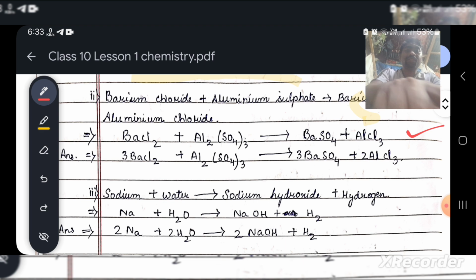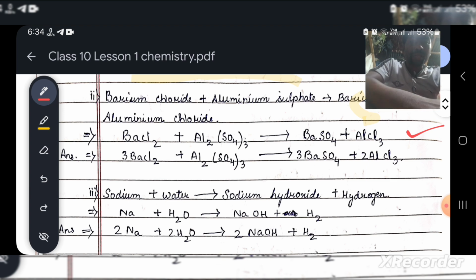First of all, look at Ba, means barium. How many barium is there? 1 in the question. Focus on the first equation. Barium is 1, and in the product side there also barium 1 is there. Yes or not?